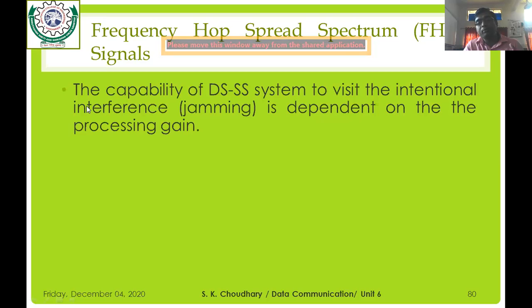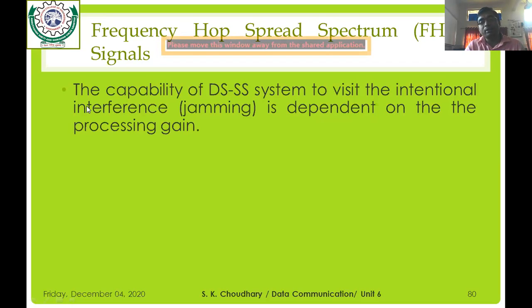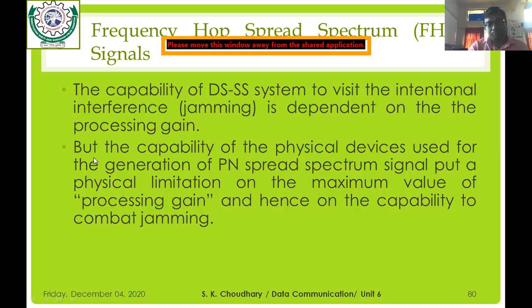It can be done with the help of either a DSSS system or a frequency hop spread spectrum system. The capability of a DSSS system depends upon how well it can face intentional interference, and that depends upon the processing gain of that particular DSSS system.